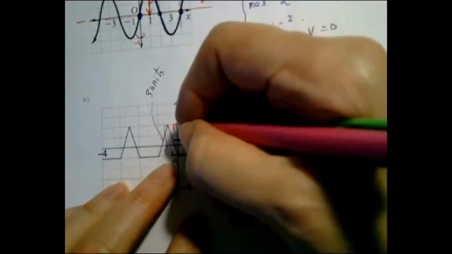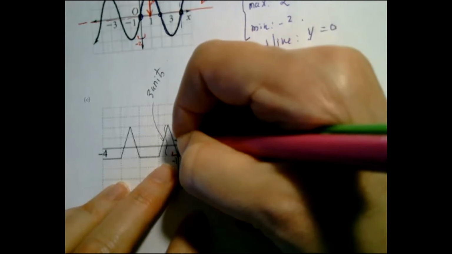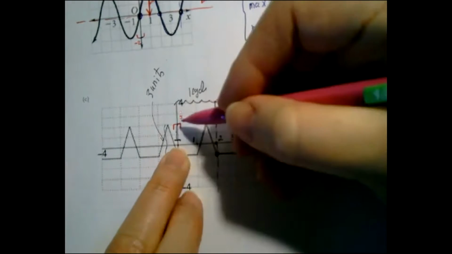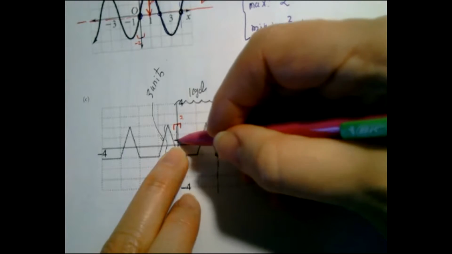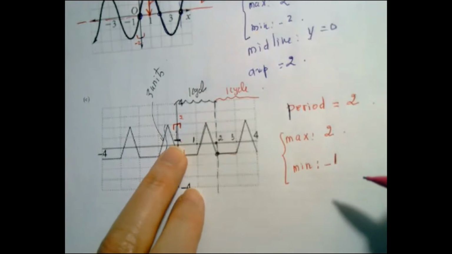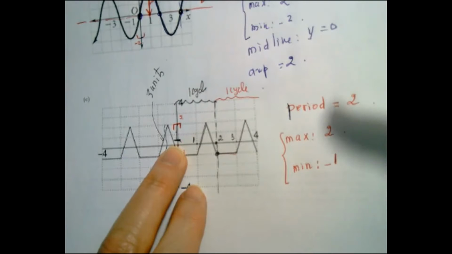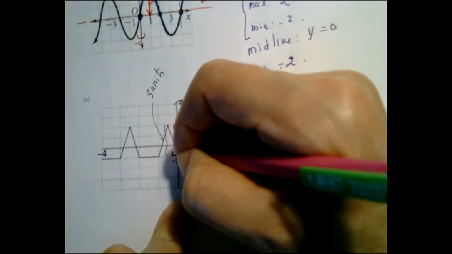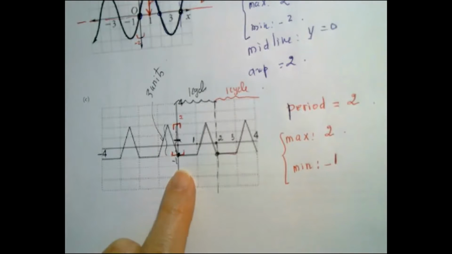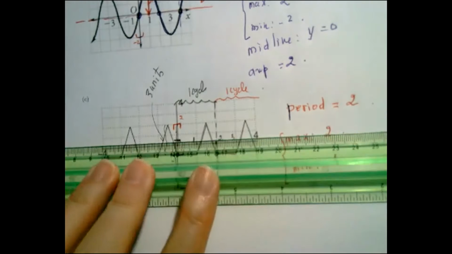Okay, so what do I mean by that? It means from here to here, how much do I have? Between this red line and this dash, I have 1.5. That's halfway. From here to here is another 1.5. And where is my midline? My midline is halfway, right there.